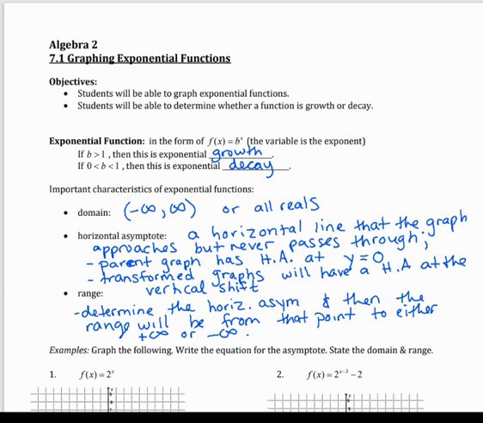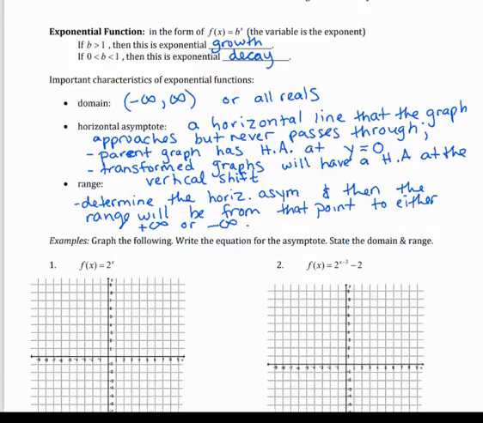Okay, and so once I determine that horizontal asymptote, if it's up at 2, now I know my range will either start at 2 and go to positive infinity, or if the graph is flipped, it'll go from negative infinity to positive 2. Okay? All right, so let's look at some examples.